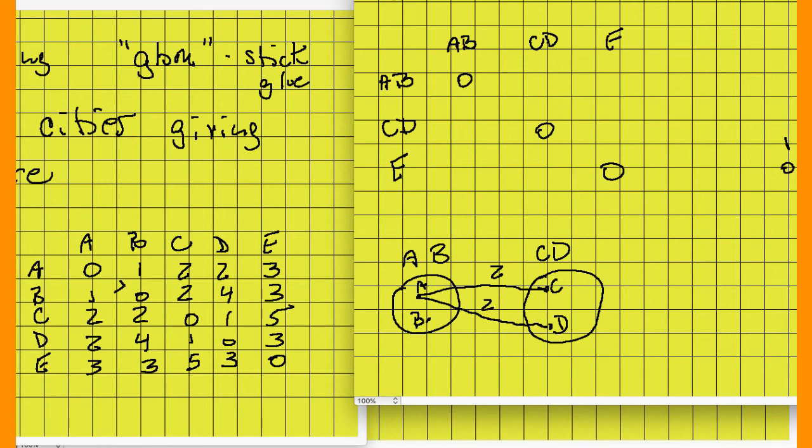From B to C is 2. And from B to D is 4. So remember, what we do now for complete linkage is pick the biggest one of these numbers. So I am going to say the distance between AB and CD is now 4.